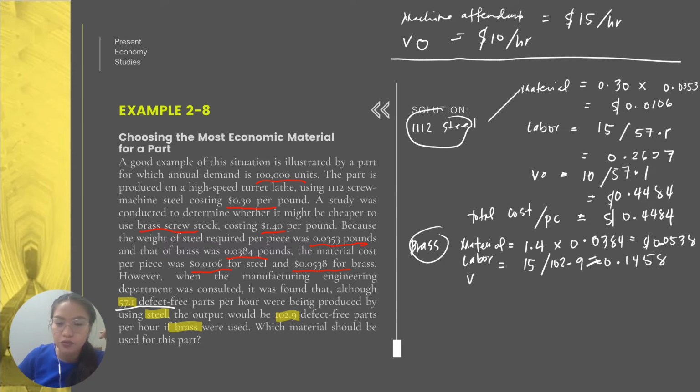Then, for the variable overhead cost, you have fixed 10. So you just have to divide that one by 102.9. And you will get 0.0972. So, your brass is equal to 0.2968.